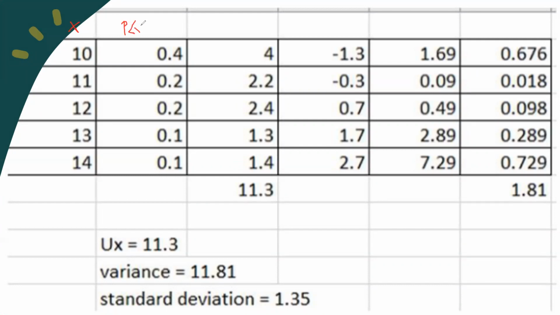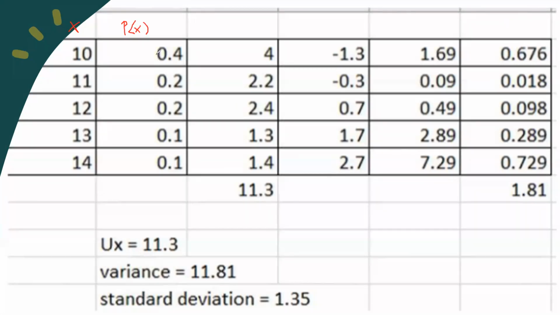Our x is 10, 11, 12, 13, and 14 with a probability of 0.4, 0.2, 0.2, 0.1, and 0.1.